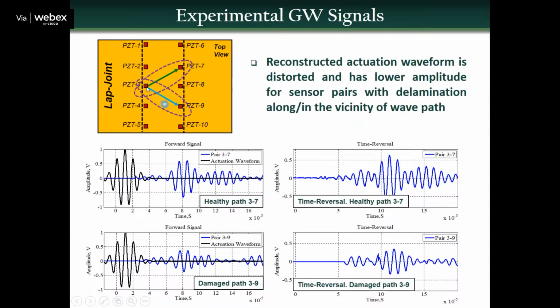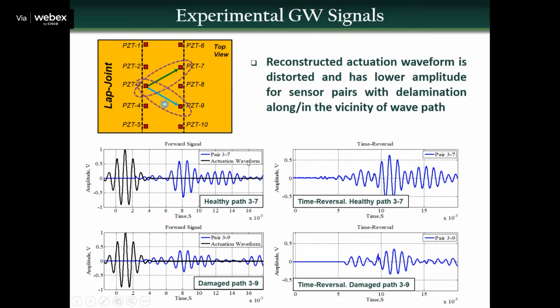You propagate, for example, from 3 to 7, then back propagate from 7 to 3, and when you have 3 to 9, you have the defect along or near the path of 3 to 9 here. Then when you back propagate, you have the damage information embedded in the time reversal signal after you compare with the original signal from 3.